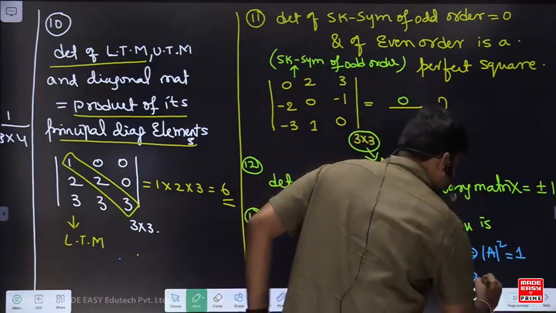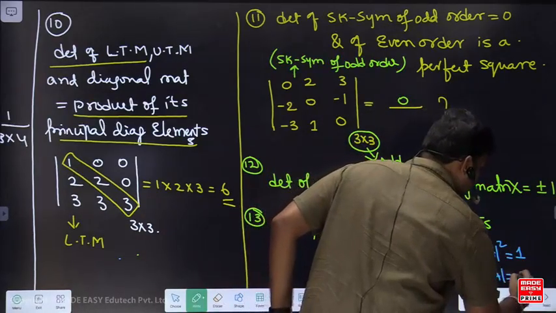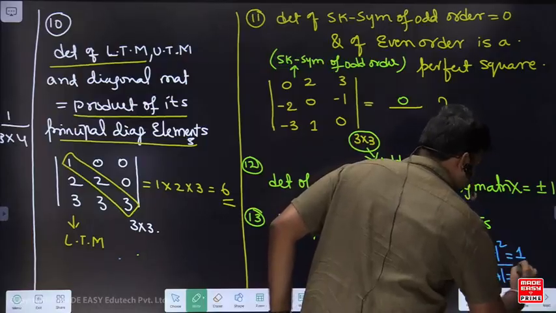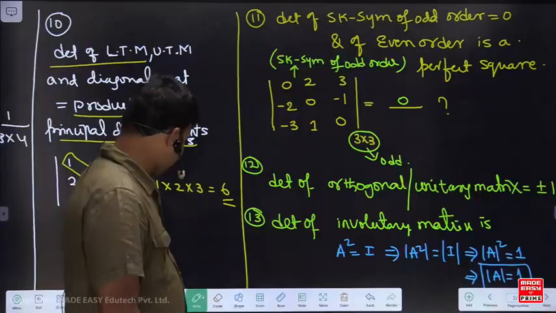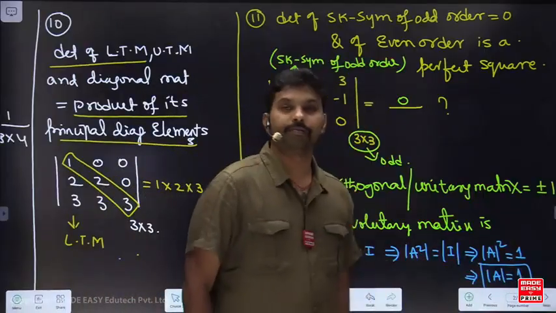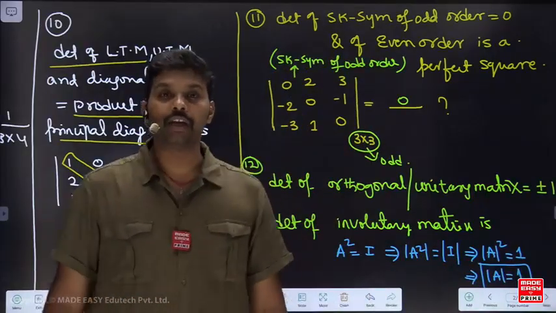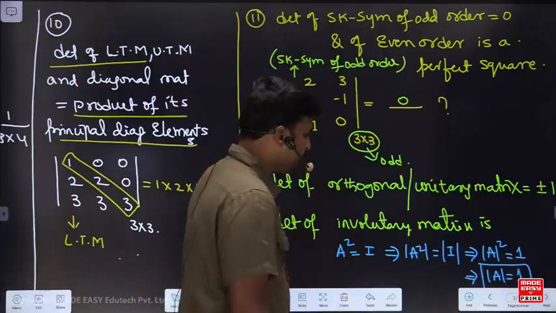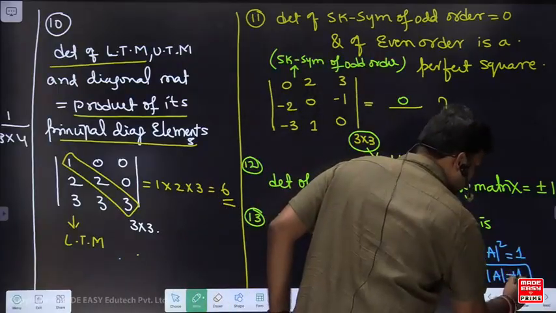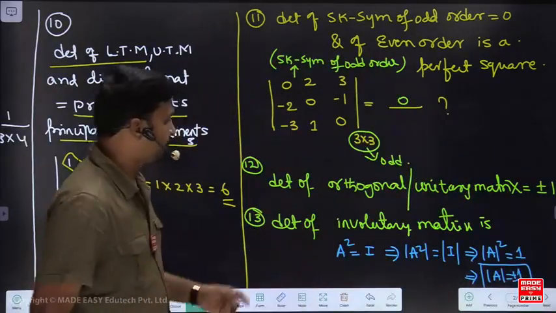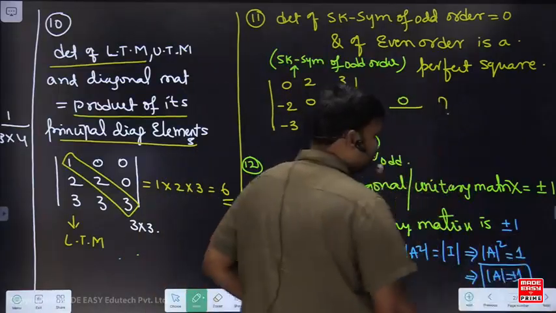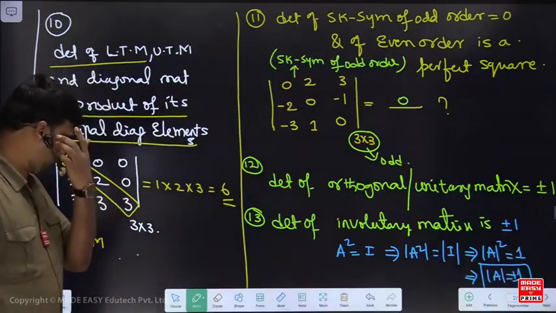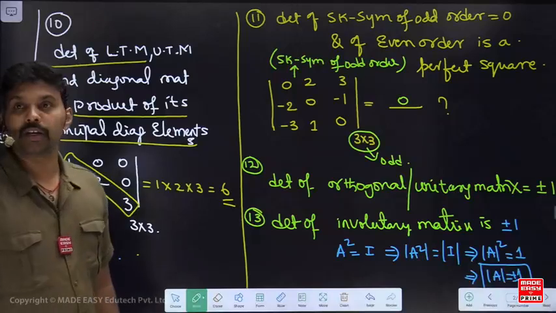So therefore, what is the determinant of A? The determinant of A is equal to plus or minus 1. So this answer is going to be plus or minus 1.